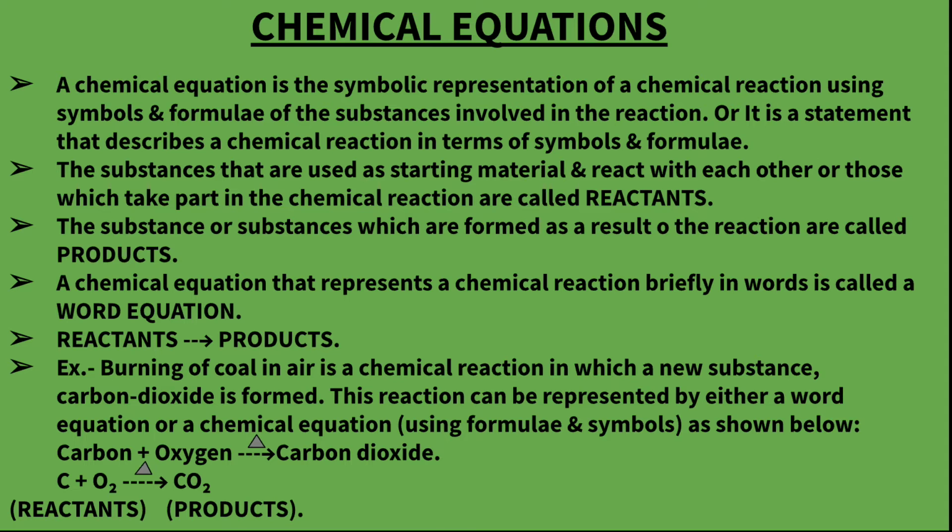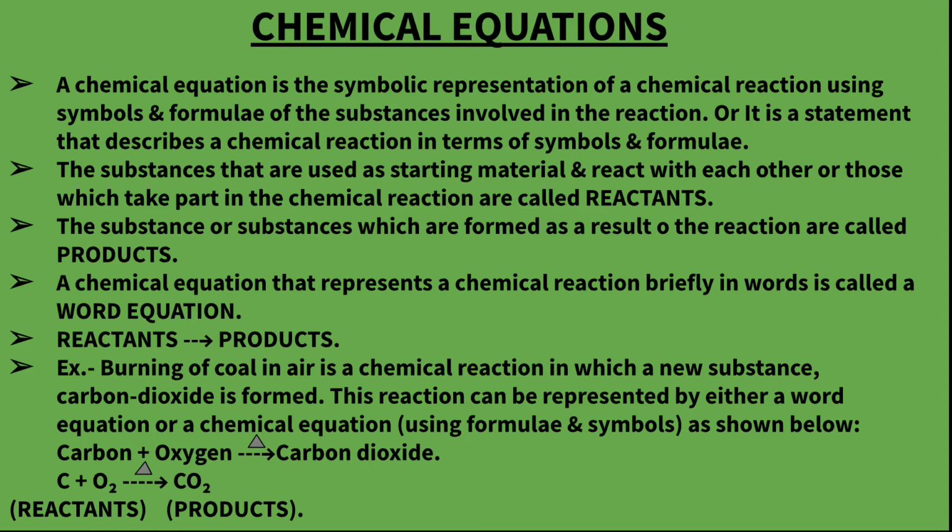A chemical equation that represents a chemical reaction briefly in words is known as a word equation. For example, carbon plus oxygen gives carbon dioxide, written in words with the spelling.